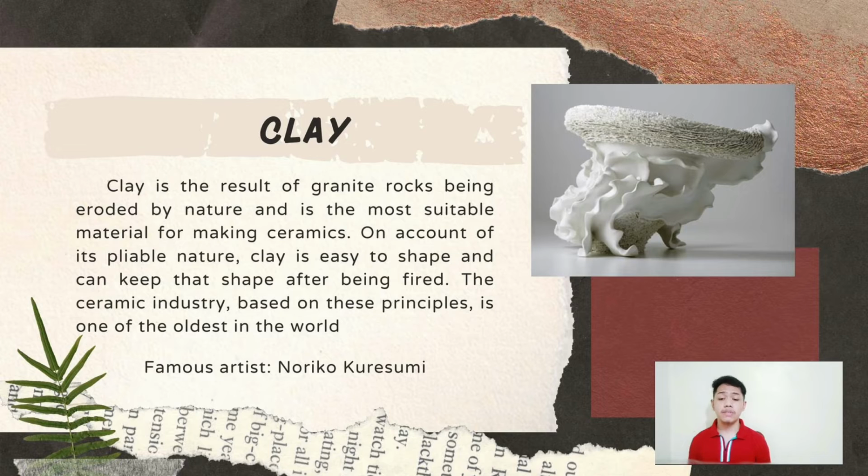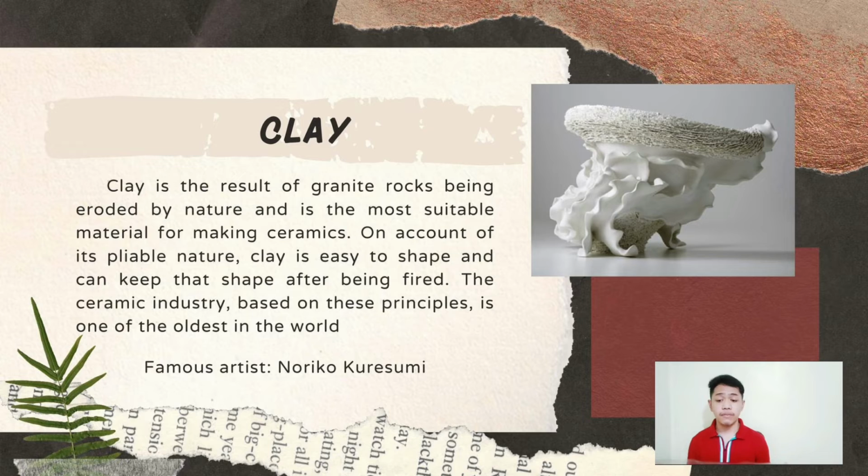Because of erosion of rocks, it is formed into a powder-like form. And those powder-like form, when mixed with water, is gonna form the clay that we know, the one that is pliable, that's bendable, and those clay is being formed by the sculptor or the artist of the pot or the pottery that we see.